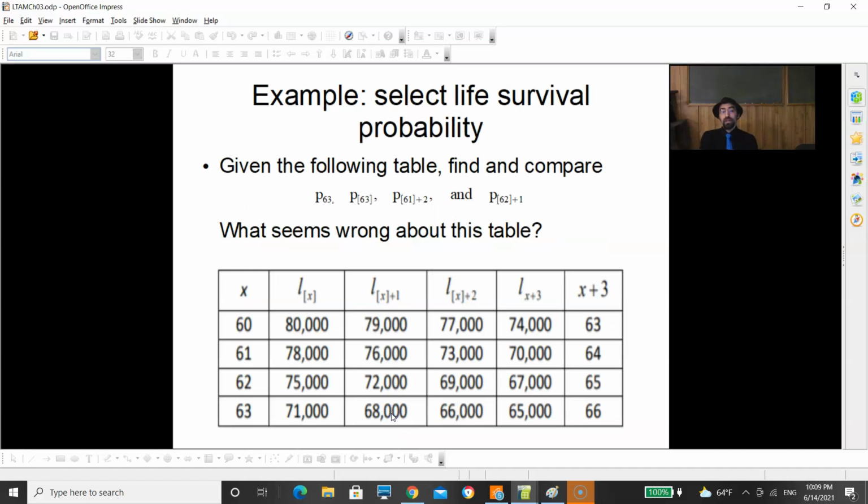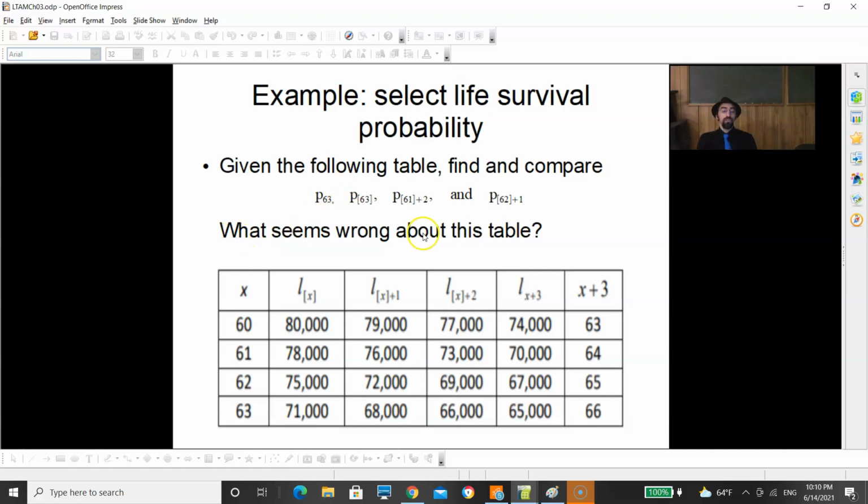So, given the following table, find and compare P63, P selected at 63, P selected at 61 plus 2 years, and P selected at 62 plus 1 year. Notice these are all different probabilities that ask about somebody age 63 surviving to age 64.